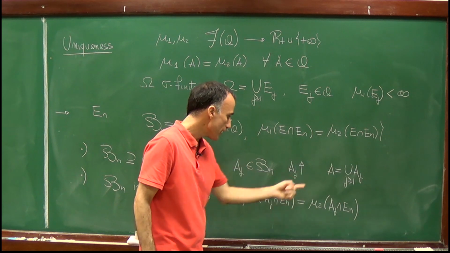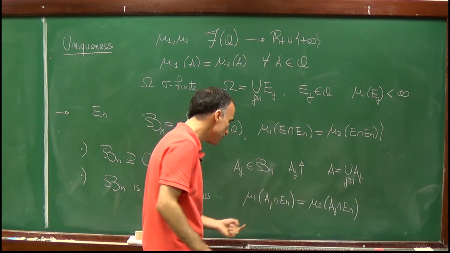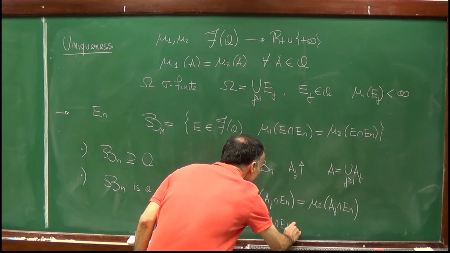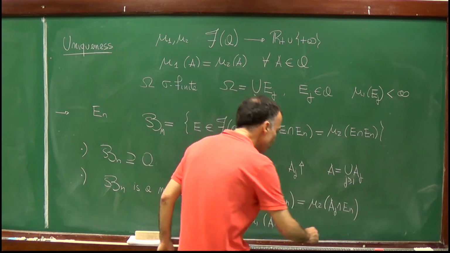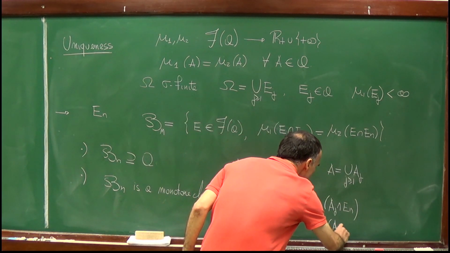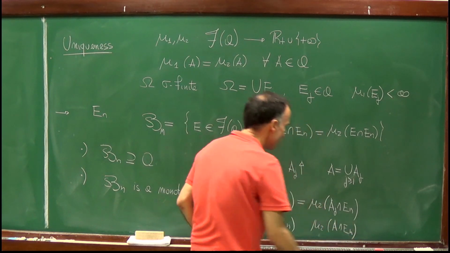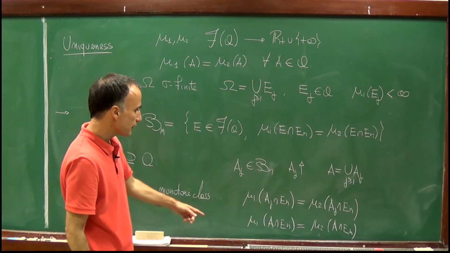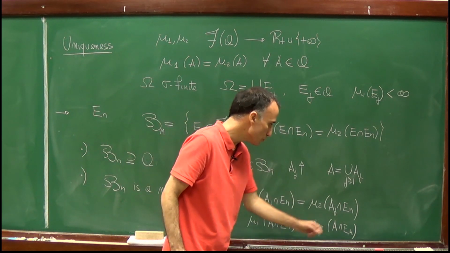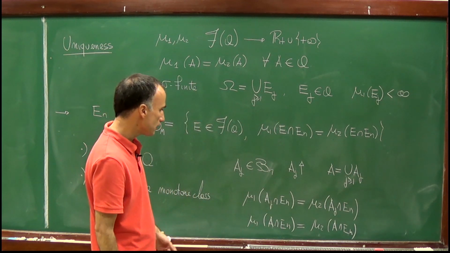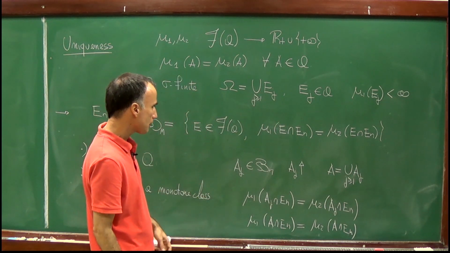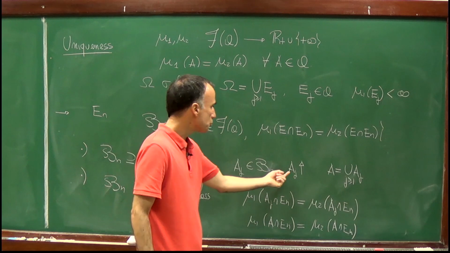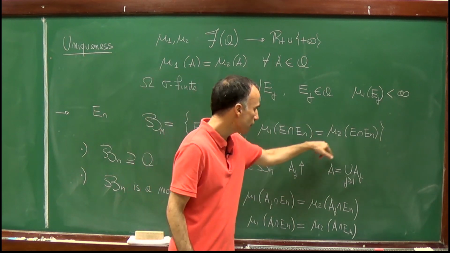Aj is increasing to A, so as I take the limit in j in this equation, I get that it converges to mu1 of A intersection En, while this one will converge to mu2 of A intersection En, and since each term of the sequence is equal, their limits are also equal, and we get that mu1 of A intersection En is equal to mu2 of A intersection En, and therefore that A belongs to Bn, because A is certainly an element of the sigma algebra, because each Aj is an element of the sigma algebra, and we have the identity.